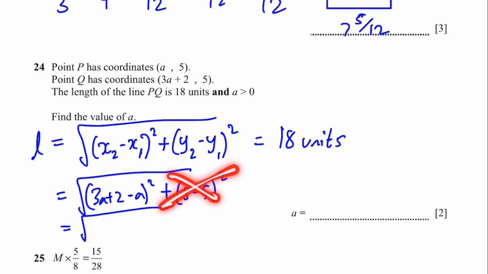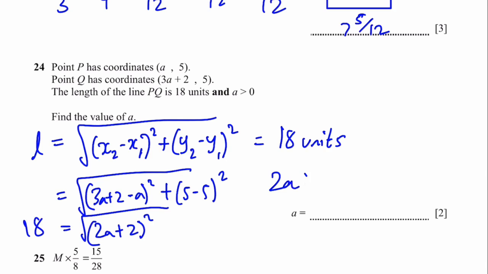Can cancel this out. So this will be 3a plus 2 minus a, which is 2a plus 2 the whole squared. So 2a plus 2 the whole squared, we square root that as well. That's 18 units. So 2a plus 2 equals 18, since the square and square root will cancel. So 2a equals 16 and a equals 8, and that's our answer.